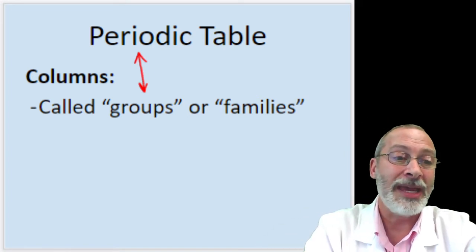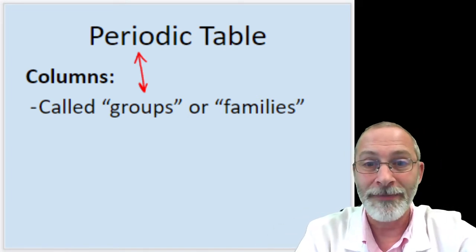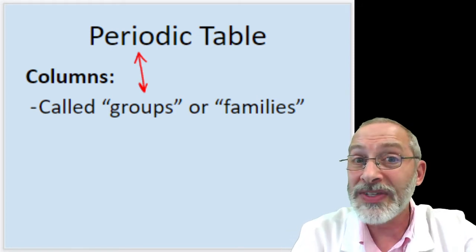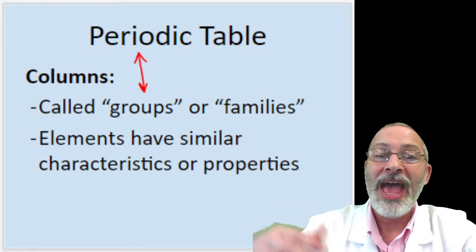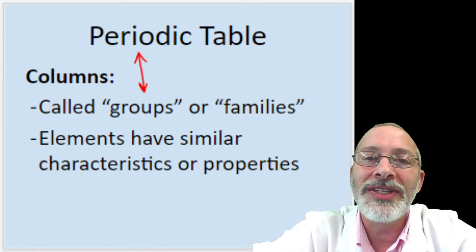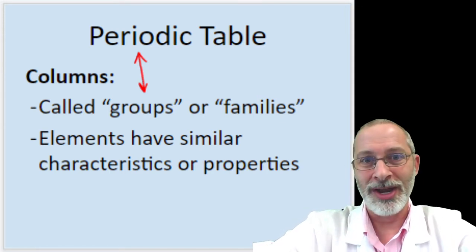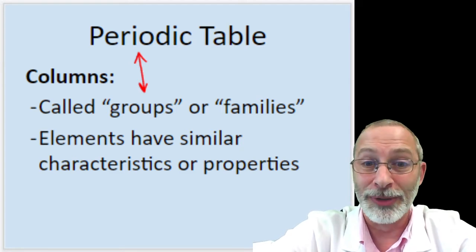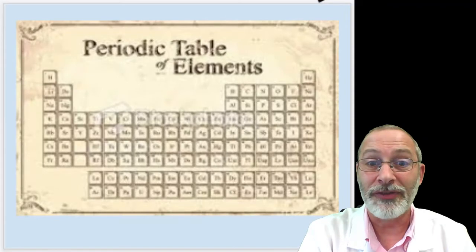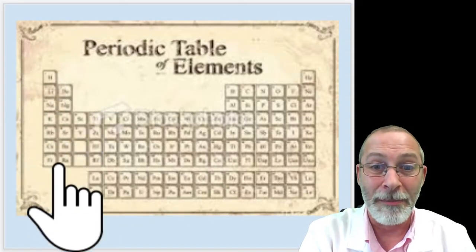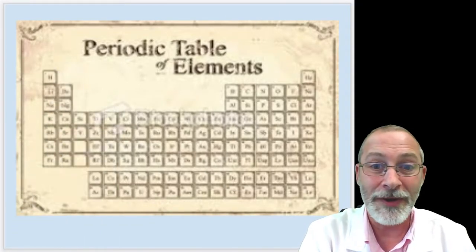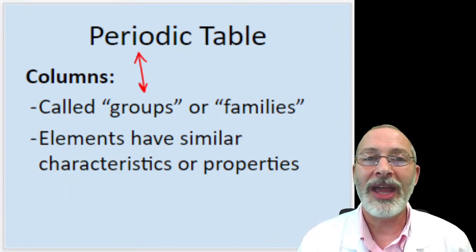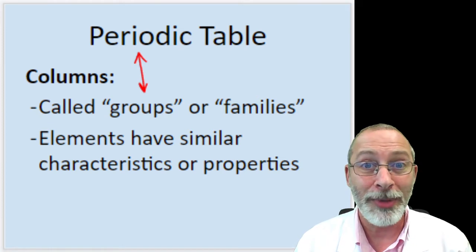And it's the same with the periodic table. Groups or families of elements have similar characteristics or properties to one another. So when you look at a periodic table and see elements that are above and below one another, it is because they have similar characteristics or properties.